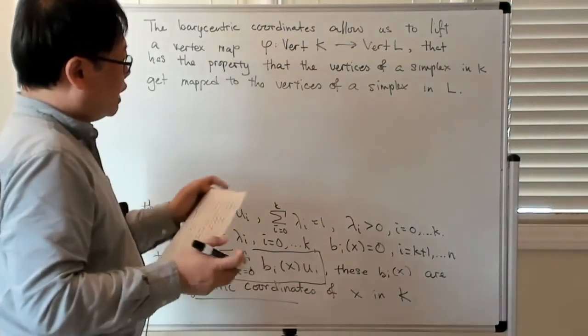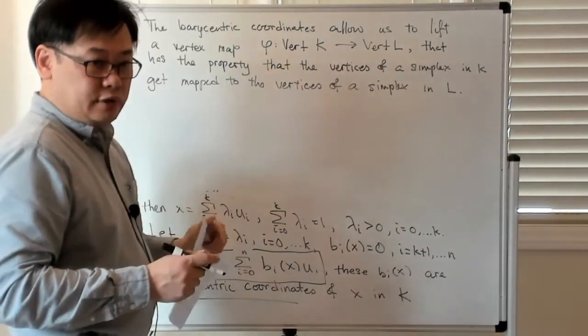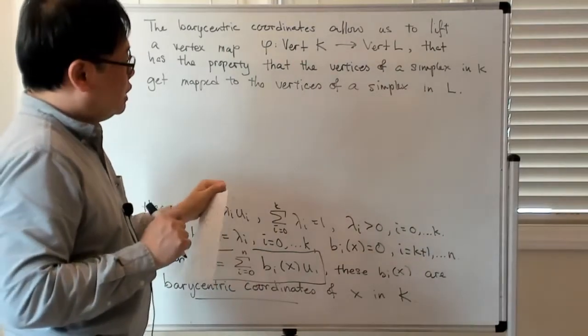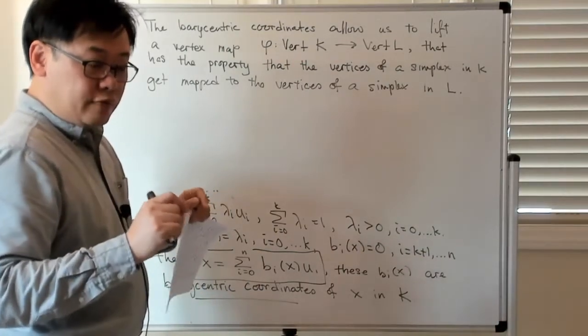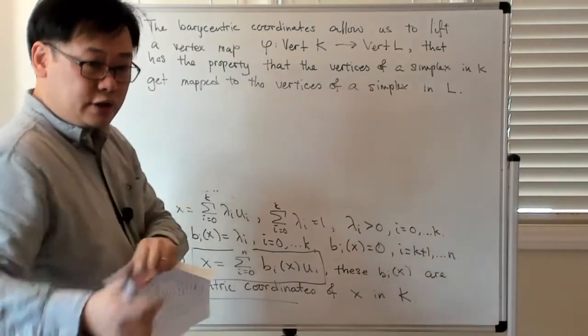And right now, all this vertex map is doing is mapping the vertices of one simplex to vertices of the other simplex.